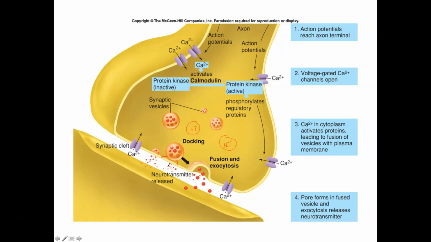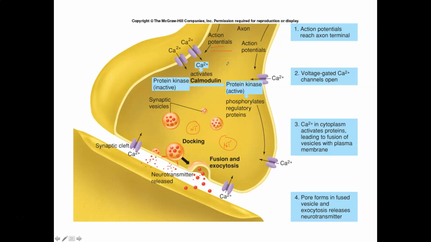So there's definitely some docking that takes place on this presynaptic membrane, but there still has to be a signal that's going to allow for the fusion and exocytosis to take place. So what we need is that action potential signal. So the action potential signal travels down the axon and it reaches the axon terminal.